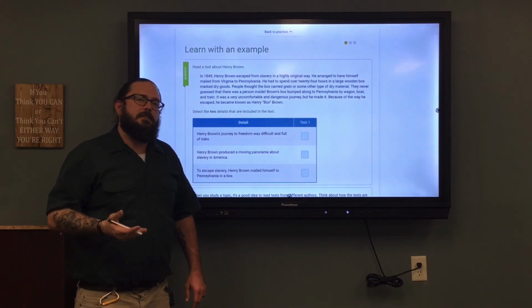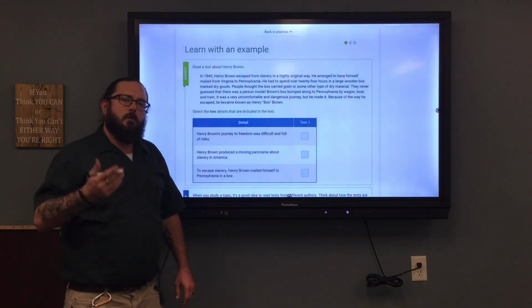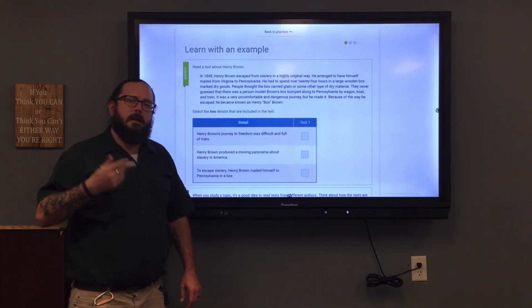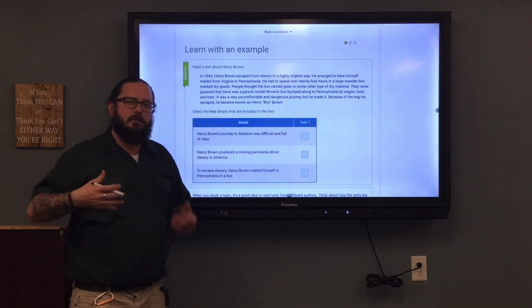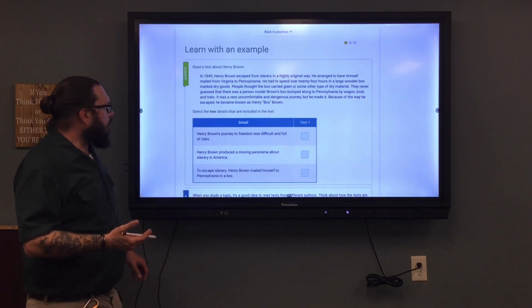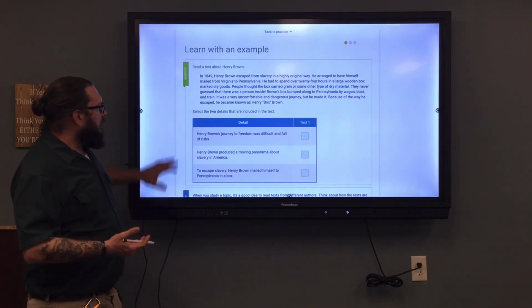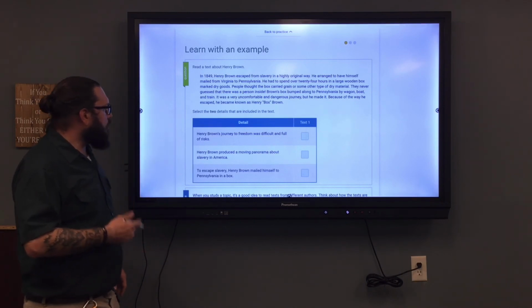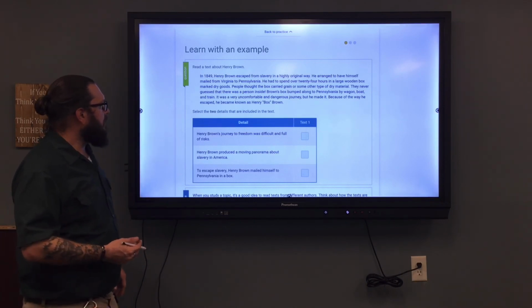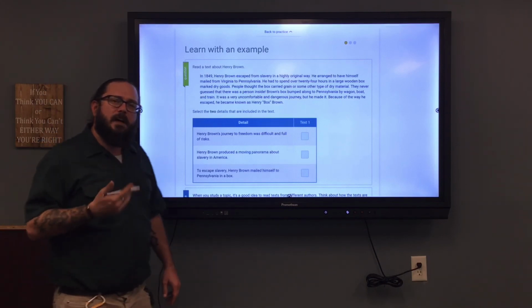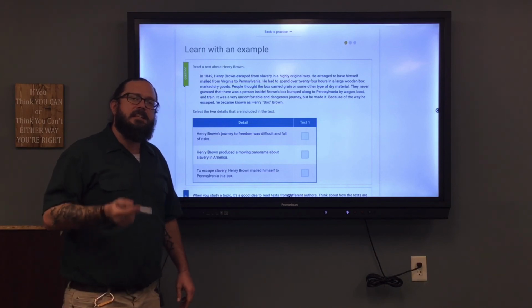Before we close out this lesson, let's take a look at one more example to apply what we have learned about comparing and contrasting details from two different texts. In this example, we are provided with details that deal with Henry Brown, and we are told to identify the details that appear in the given text.